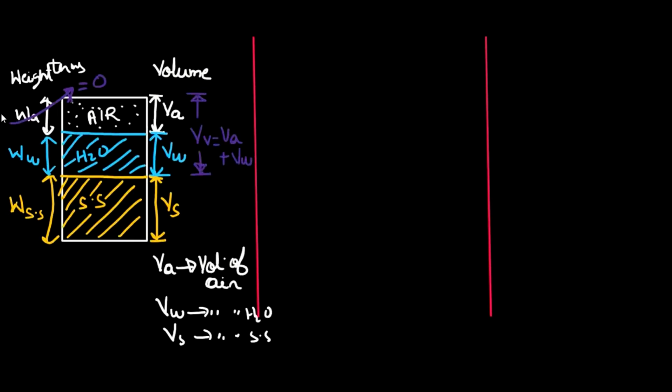So what do we observe here is, if I have to calculate the weight of voids, I can see here weight of voids will be equal to weight of air plus weight of water, because in voids I will be having the two things, air and water, in the partially saturated soil. But weight of air we have already assumed as 0, so weight of voids will be equal to weight of water.